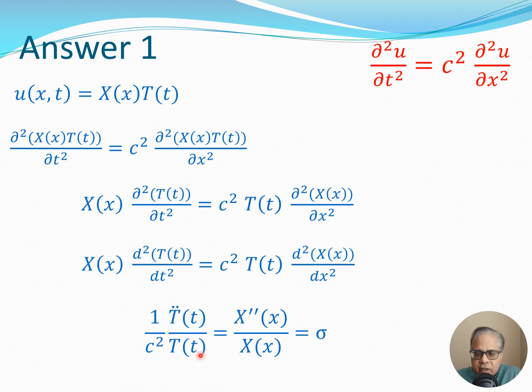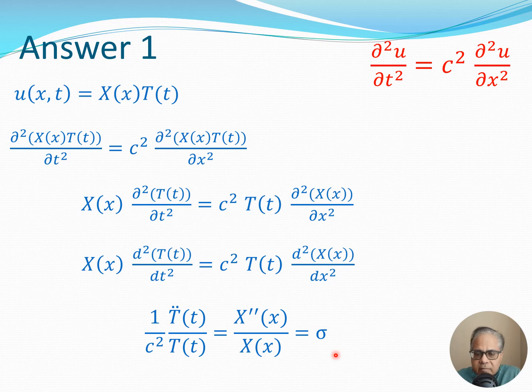What you will realize is that if I have a function of t and a function of x, the only situation where these two functions are going to be equal is if they are both equal to a constant. So I am putting sigma as a constant, and I am saying that the function of time is equal to the function of space only if these two are both constants.